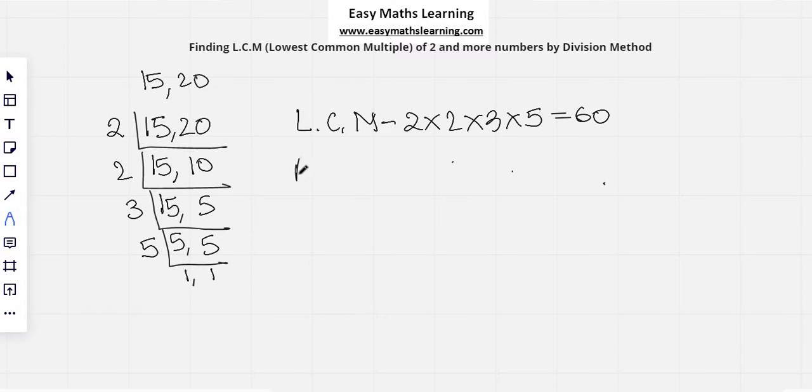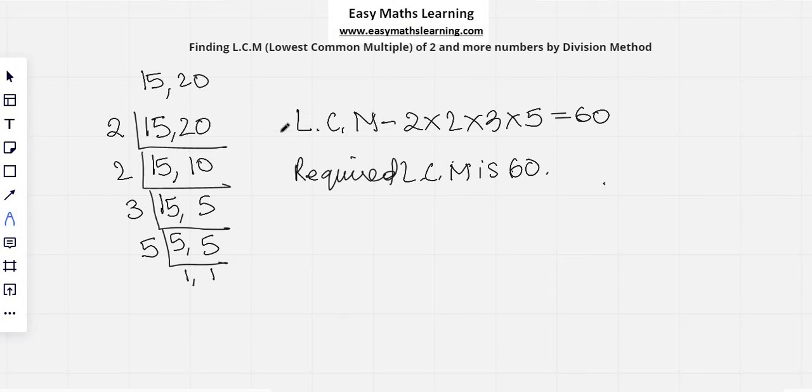So the required LCM is 60. This means that 60 is the lowest number which can be divided by both 15 and 20 without leaving any remainder. So 60 is the LCM of 15 and 20.